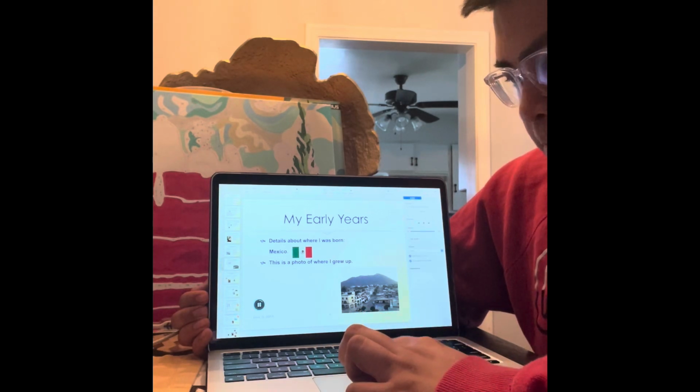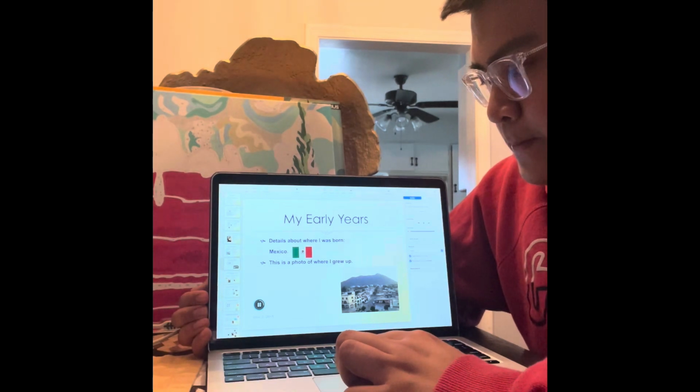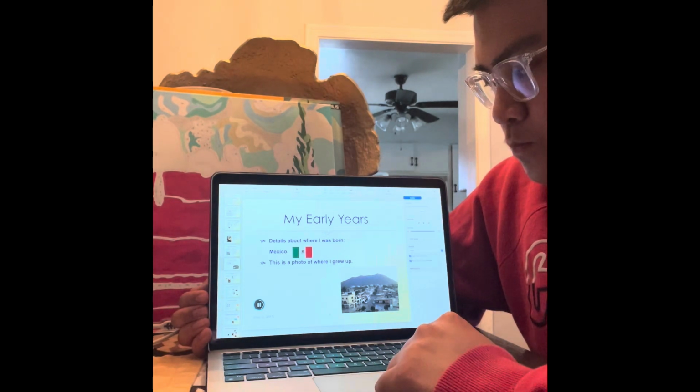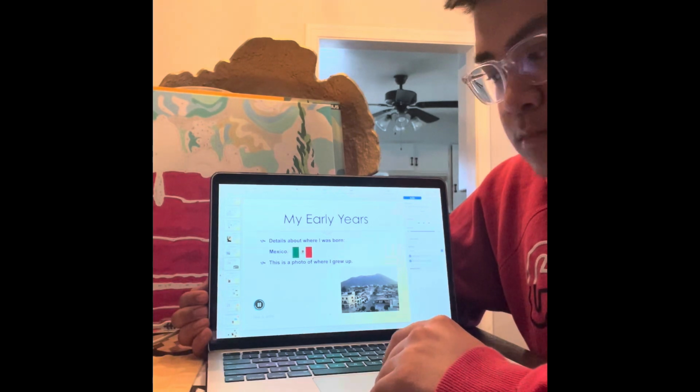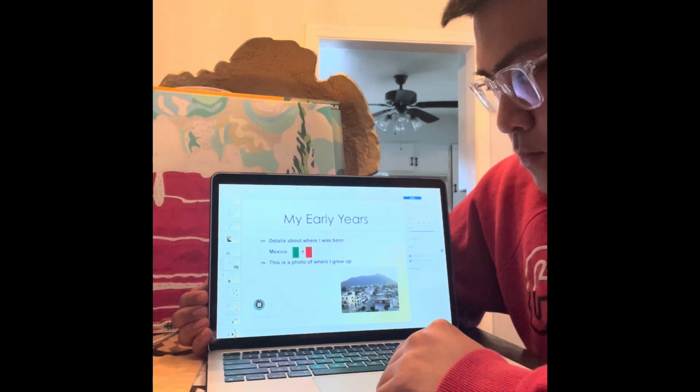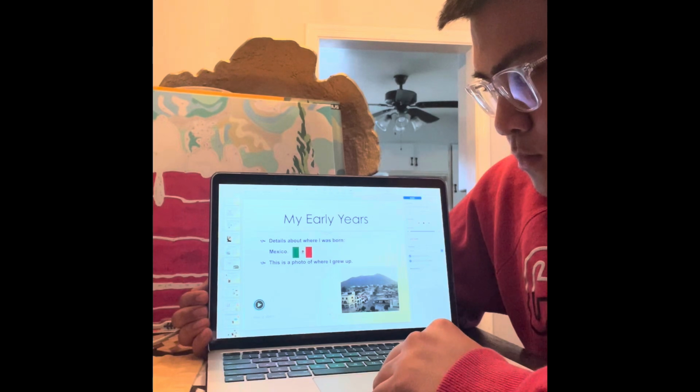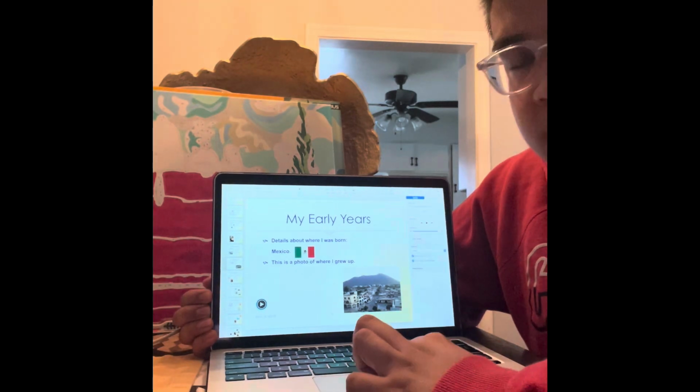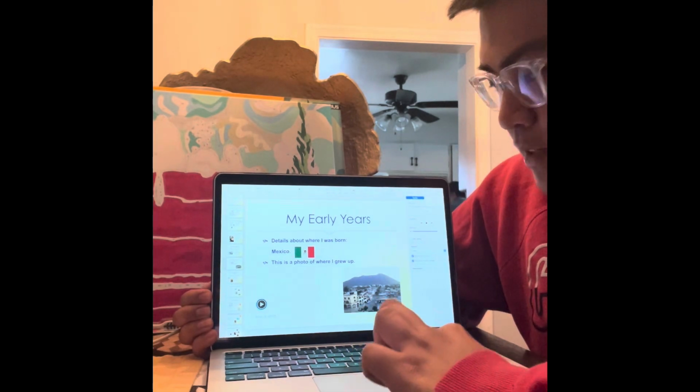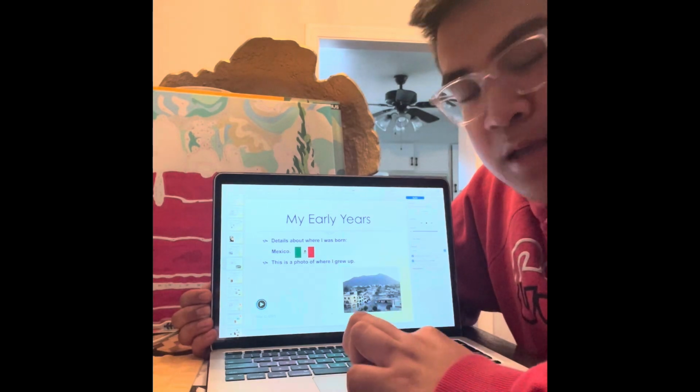I was born in Mexico, Morelos, Cuernavaca, and I grew up in a little town my whole life. So over here is my little town I grew up in, to note.